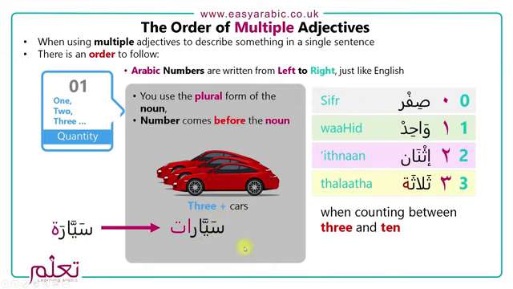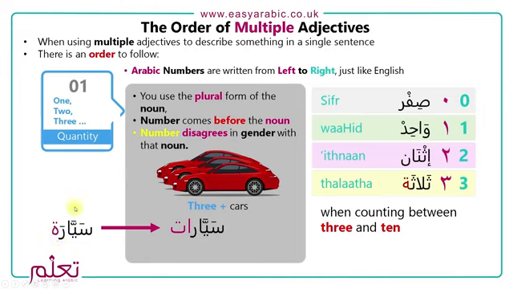Unlike the adjectives, where most adjectives must follow the rule that the adjective matches the noun, when we do numbers, numbers are the only exception. So the number disagrees in gender with the noun.